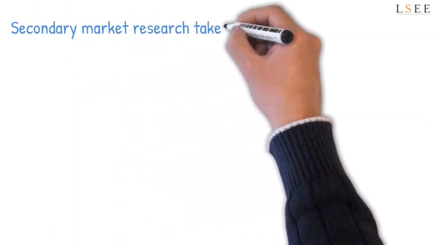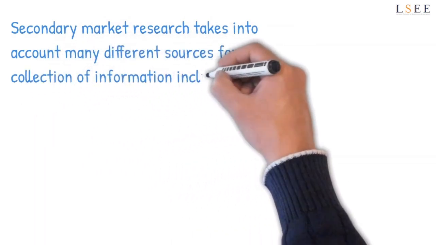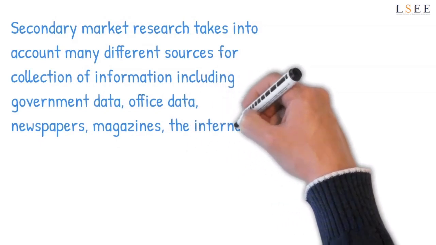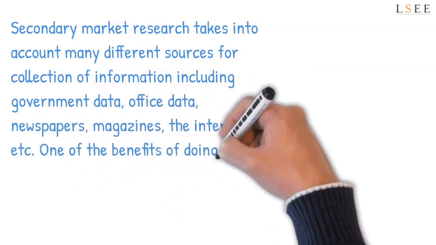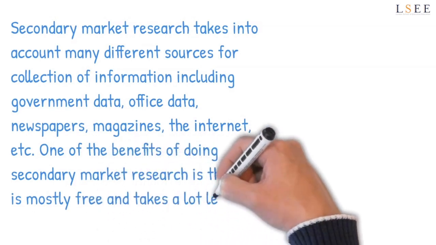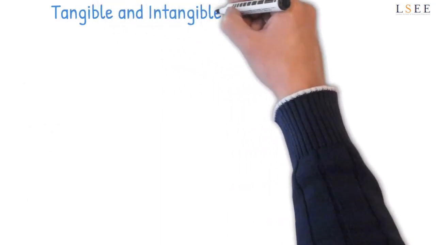It takes into account many different sources, including government data, office data, newspapers, magazines, the internet, etc. One of the benefits of secondary market research is that it is mostly free and takes a lot less time.